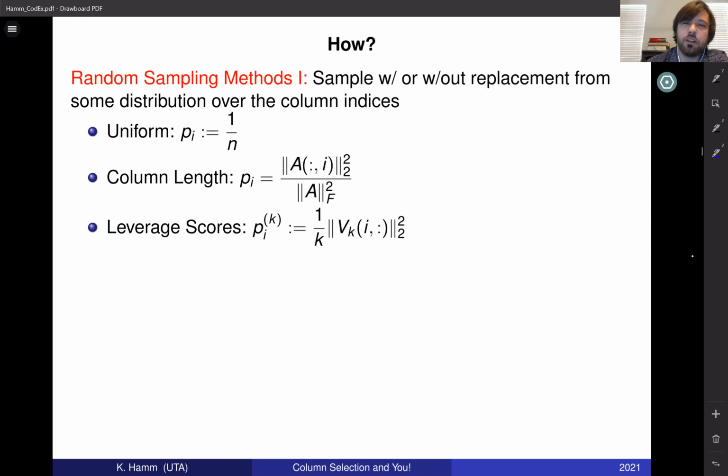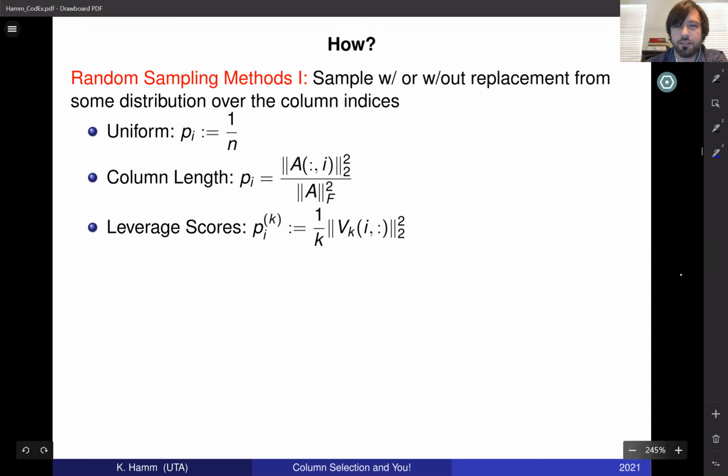I'll talk a little bit more about it later, but for these distributions, the amount of information you use about the matrix increases as you go down, and the computational complexity also increases as you go down the list. And error guarantees essentially go the opposite way.